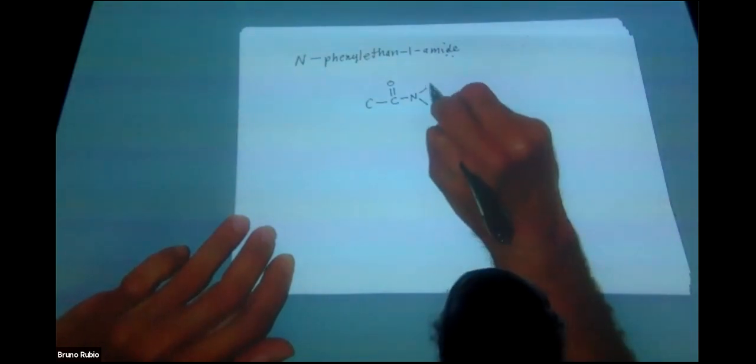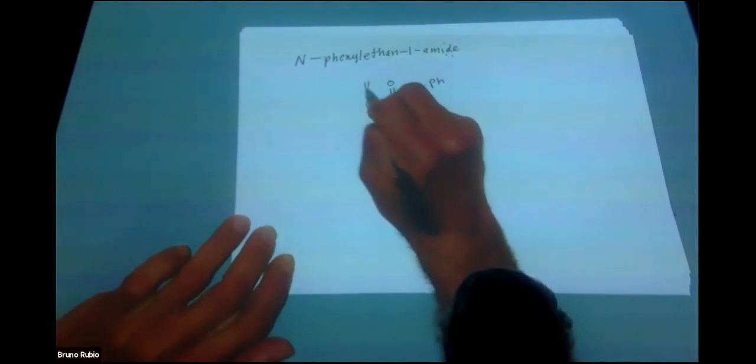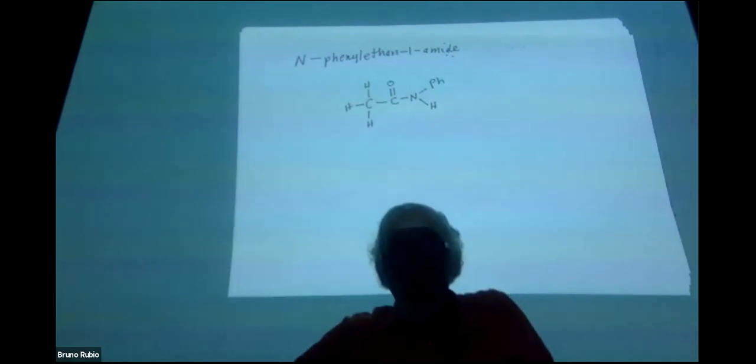So N-phenyl is saying there's a phenyl substituent on the amide nitrogen. So there has to be a hydrogen here, and anytime you draw a C, you have to draw H's. So that would be N-phenyl ethan 1 amide.